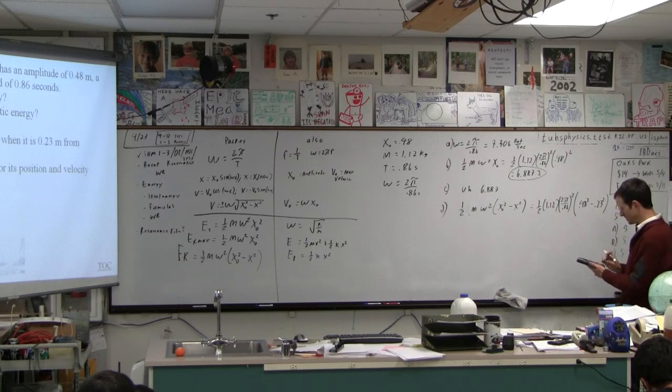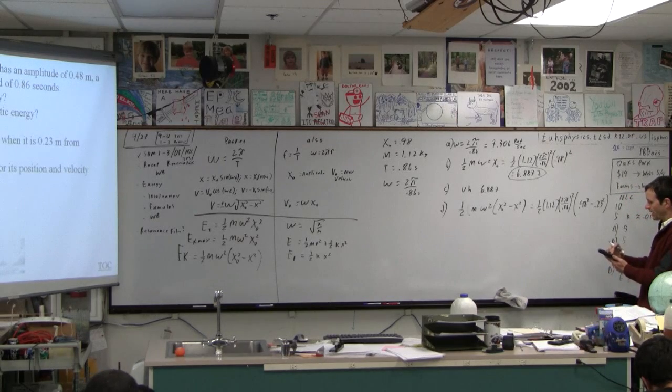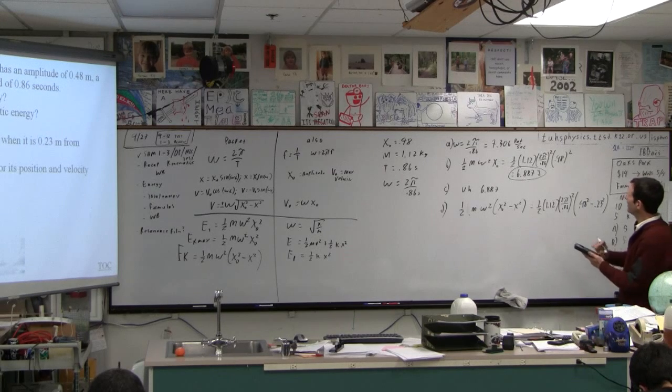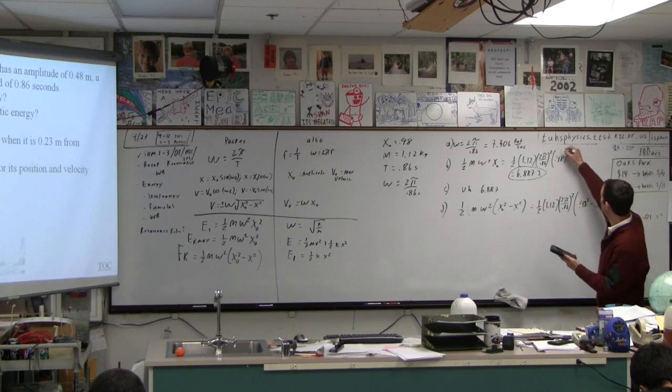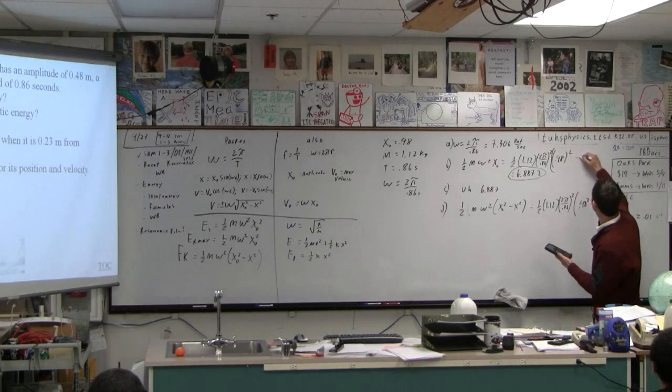Yeah. I'm so lazy. I'm going to go back and put a parenthesis there, and then minus 0.23 squared, right parenthesis. I've got this in my calculator. I'm just adding parentheses.